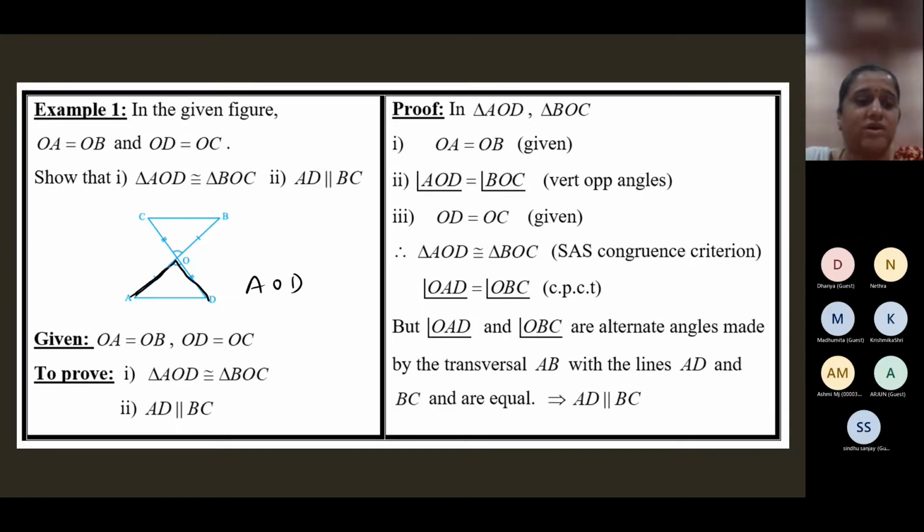Now, when you say A over here, it is B over here, right? I always say that, the direction in which you move. From AO, you're going to OD. So move correspondingly here. From BO, you'll have to go to OC. So if you say AOD here, you must say BOC here.